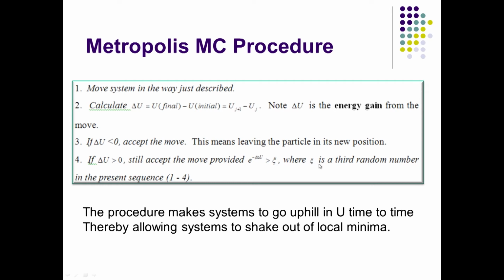And psi is the third random number generator in the present sequence of 1, 2, 3 and 4. So, every time you generate the random number, you now have a criterion, because that random number is giving a new position. So, you are accepting or rejecting that configuration.